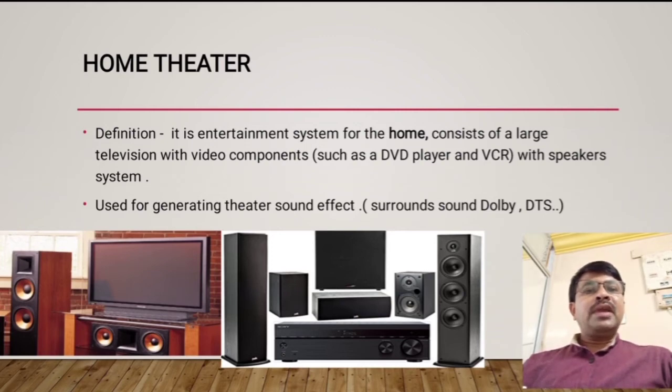This system can be used to produce theater sound effect, that means surround sound effect, that means Dolby sound effect or digital theater system. As I am showing here, the important components of the home theater system: this is the television unit, these are the speaker units, the inbuilt amplifier, and the television receiver.